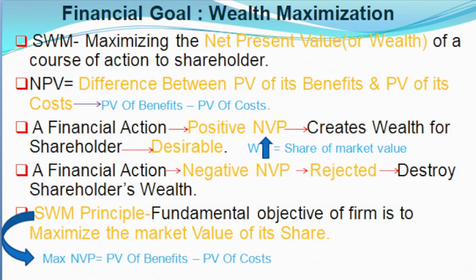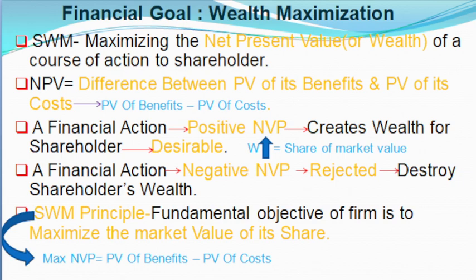We just subtract present value of cost from present value of benefits, and we get the maximum NPV, net present value. Present value of benefits and present value of cost will all be discussed in detail in my next videos.